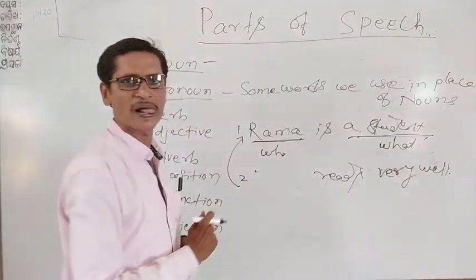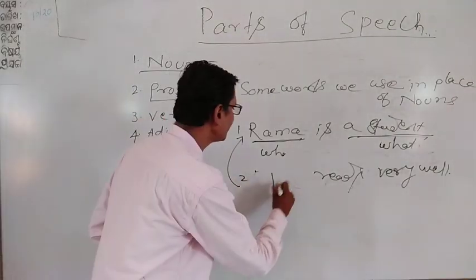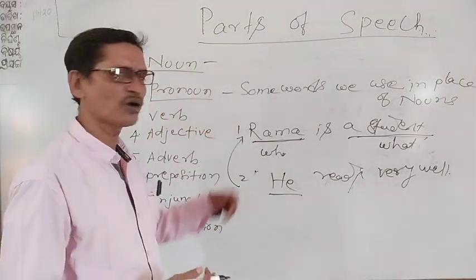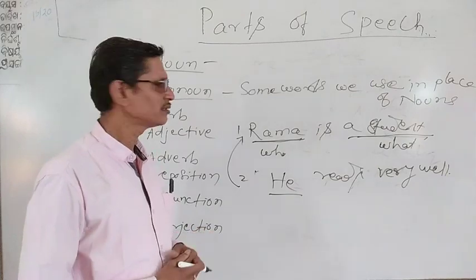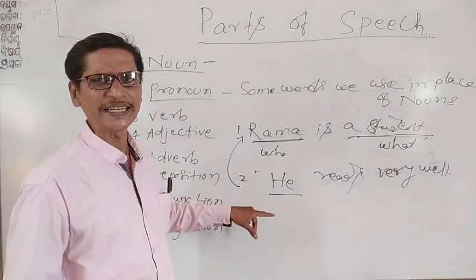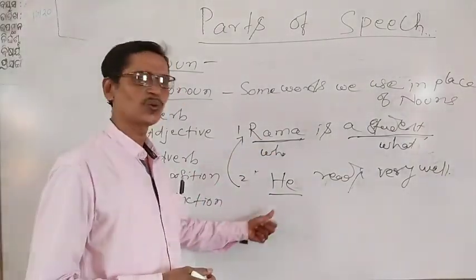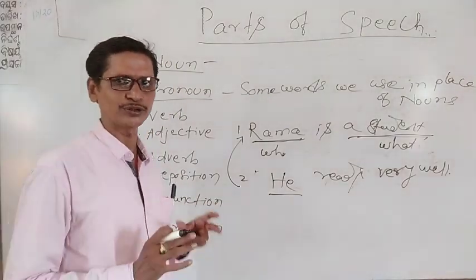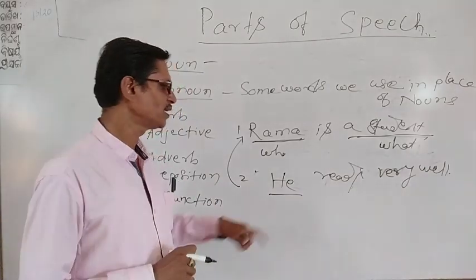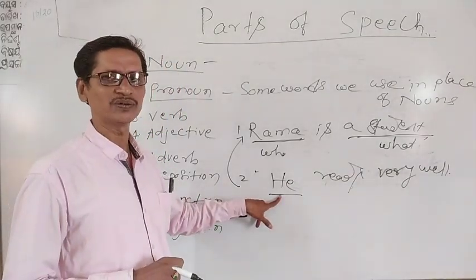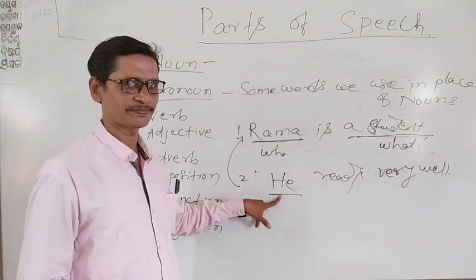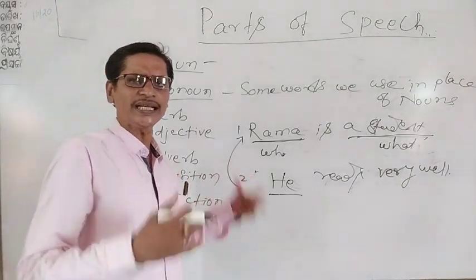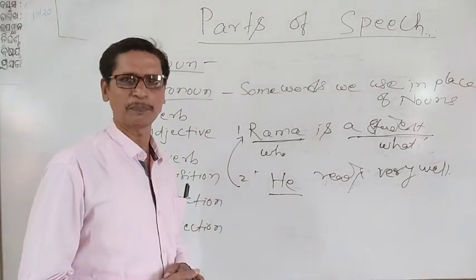Instead of this, we can write he, meaning Rama. So here, instead of repeating the same noun, we used a pronoun. That means we use some words in place of a noun, to avoid repeating the noun again and again. Therefore, he is functioning here as a pronoun.